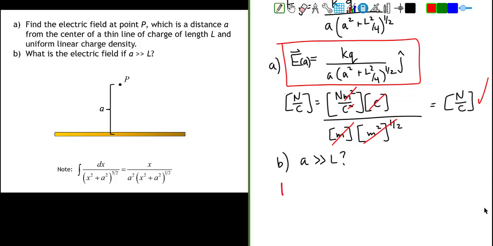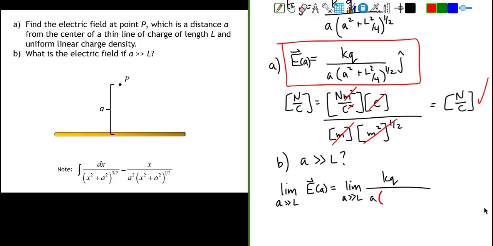So let's take the electric field. Let's look at the limit as A gets very big. So we will say as A will get much bigger than L. This probably isn't the correct mathematical way of expressing that, but that's how I'm going to do it, and I think you get my idea. So if we look at the limit of our electric field as we get farther and farther away, as A gets much, much bigger than L, let's see what it does to our expression.